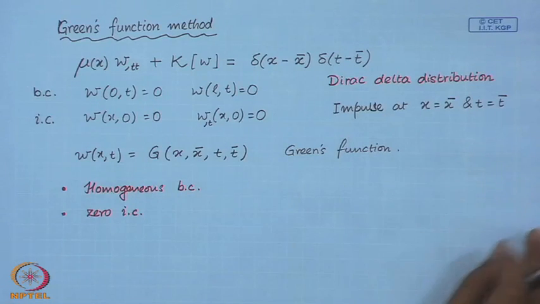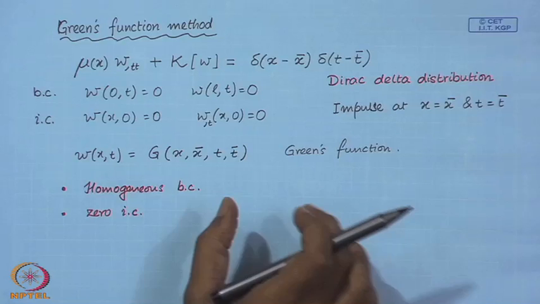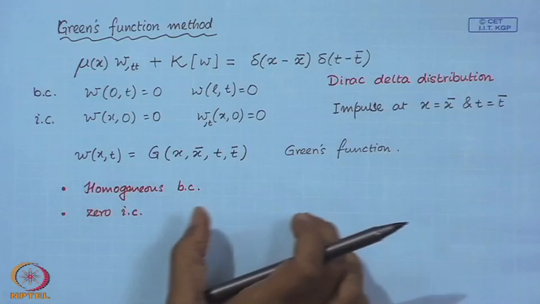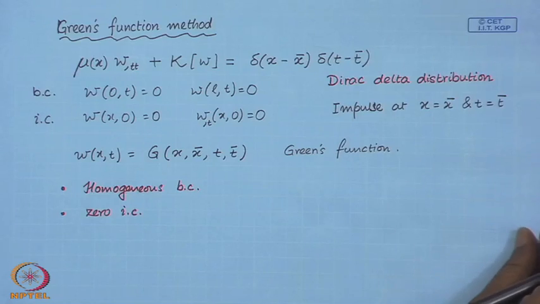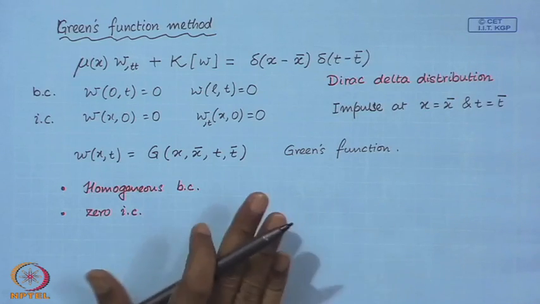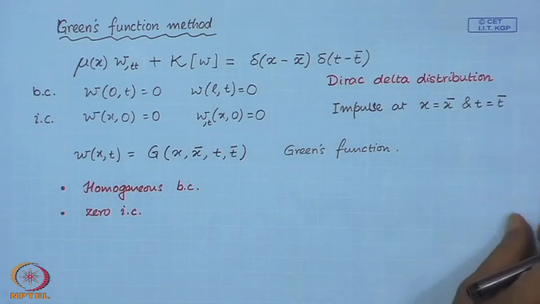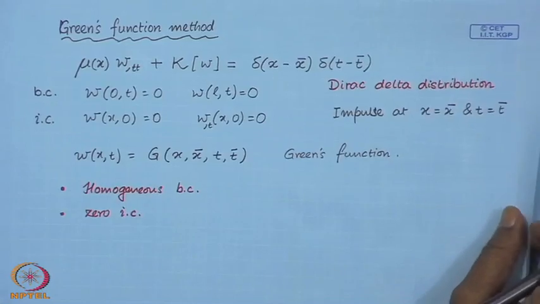So, this will be tacitly assumed whenever Green's function is calculated. So, homogeneous boundary conditions, 0 initial conditions, and we have seen in a previous lecture how non-homogeneous boundary conditions can be converted to homogeneous boundary conditions. So, if required, we have to do that and then calculate the Green's function.